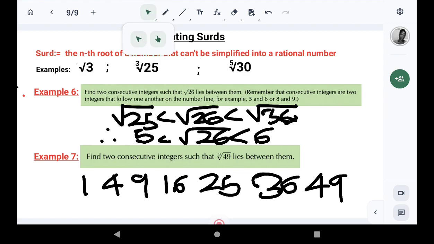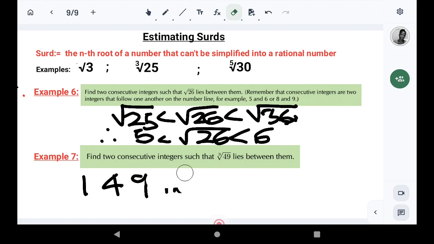Similarly, if you have a question that goes, find two consecutive integers such that the cube root of 49 lies in between them. Now you list the cubes from the first one to one that you can say is big enough for you to compare.